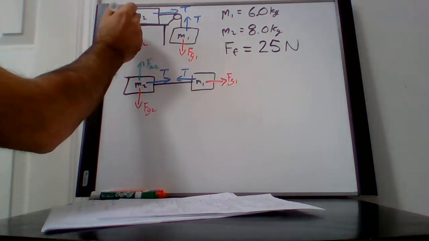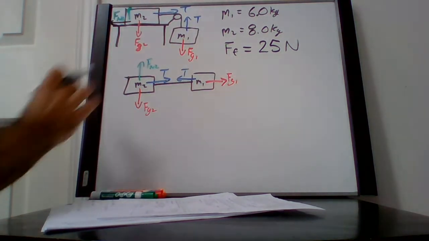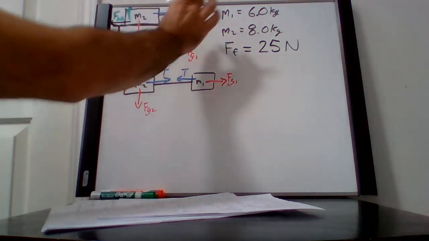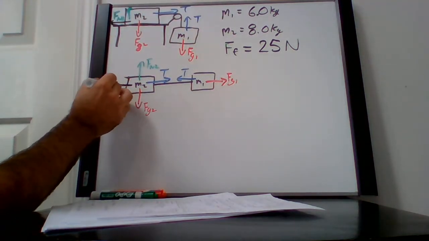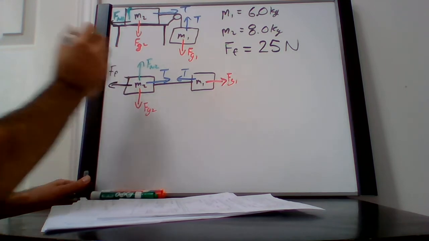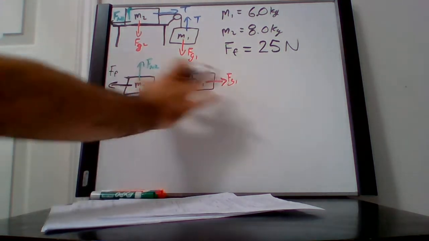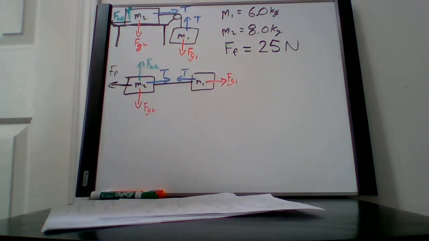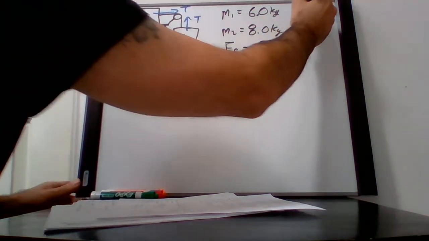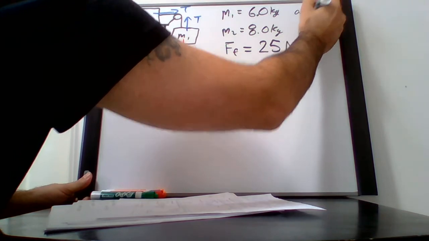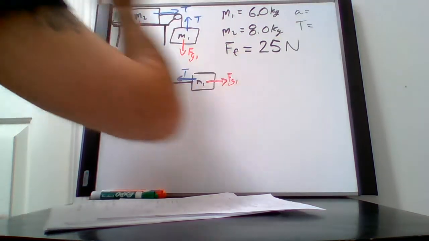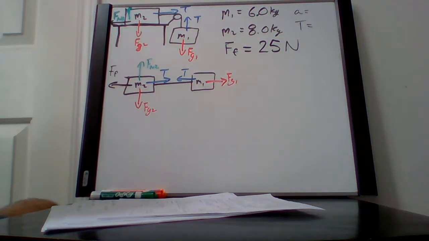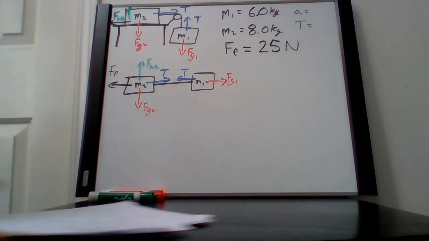Our friction is happening on mass 2, and since this would slide this way, our force of friction is opposing that motion, so I'm going to put that right here. The force of friction is opposing the motion involved in this overall situation. And again, we want to find acceleration and we want to find our tension as the problem for this situation.